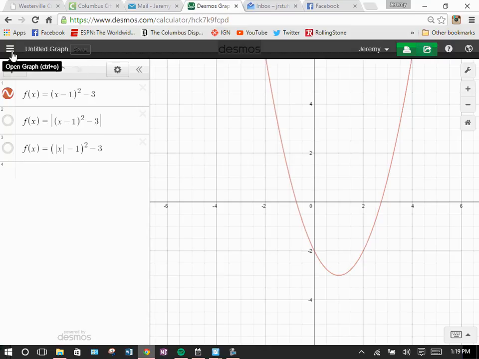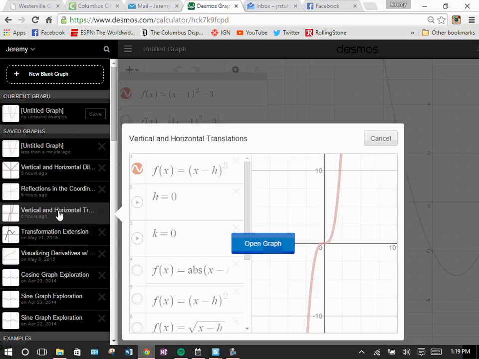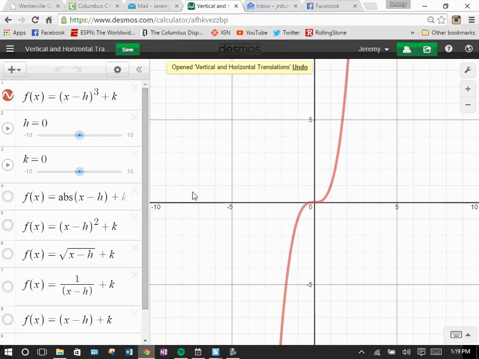Click on that, up here in the top left corner, and a list of things will pop up. Okay? What you guys want is vertical and horizontal translations, which will probably be the 3rd or 4th one down. You're going to click on it. It'll probably say open graph. Okay, hit open graph. And it's good.